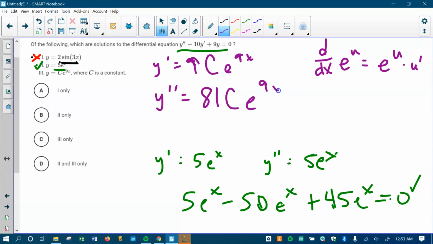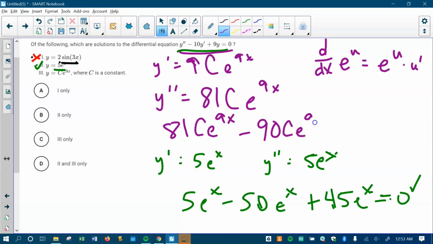So now let's test the equation. We need 0. So 81c e to the 9x minus 10 times 9 is 90, so minus 90c e to the 9x, and then plus 9 times c e to the 9x, because that's what y is.